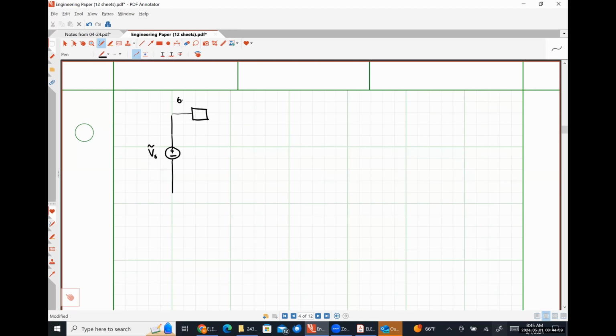So here I have an impedance of 0.2 plus J 0.04 ohms. And this black box right here represents a load of an unknown impedance that draws 10 watts at a power factor of 0.9.